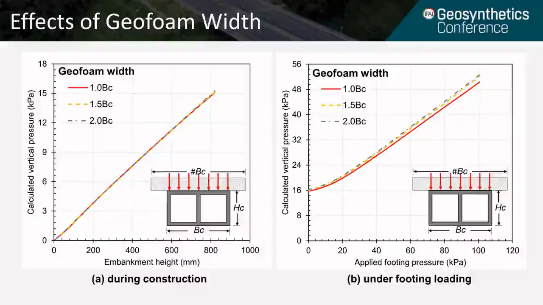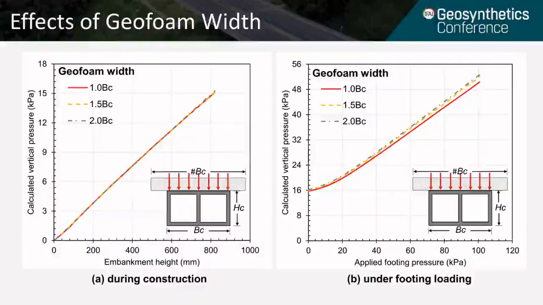This slide shows the effects of geofoam width. On the left side of this slide, we conducted three conditions in which the geofoam width was 1 BC, 1.5 BC, and 2 BC. During embankment construction, we see almost no effect of the geofoam width on reducing the pressure above the culvert.